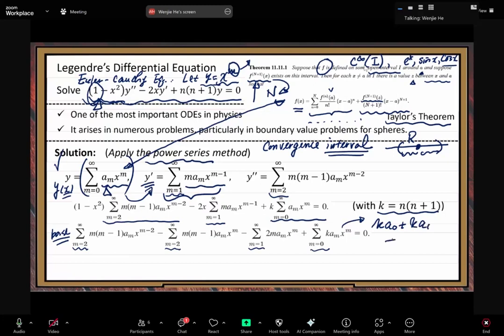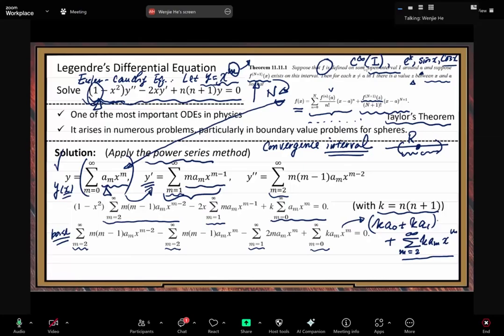Then plus the remaining summation, m equals 2 to infinity, k a_m x^m. In this way it is the same as the base summation, but you take these 2 special terms out for special treatment. The remaining has the same base, so you can combine them.